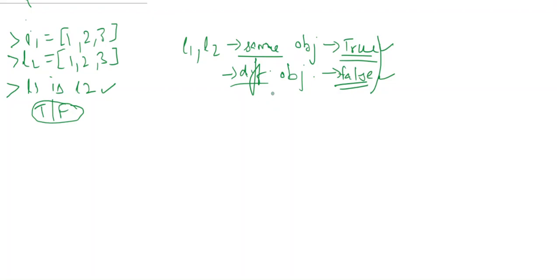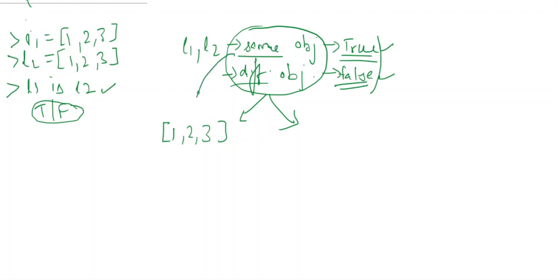Now in the backend, we will see what scenarios Python has. One scenario is that Python will create only one object having these three values.